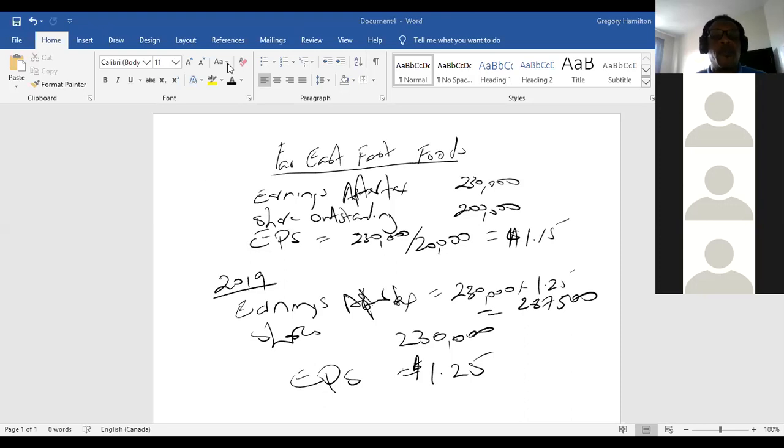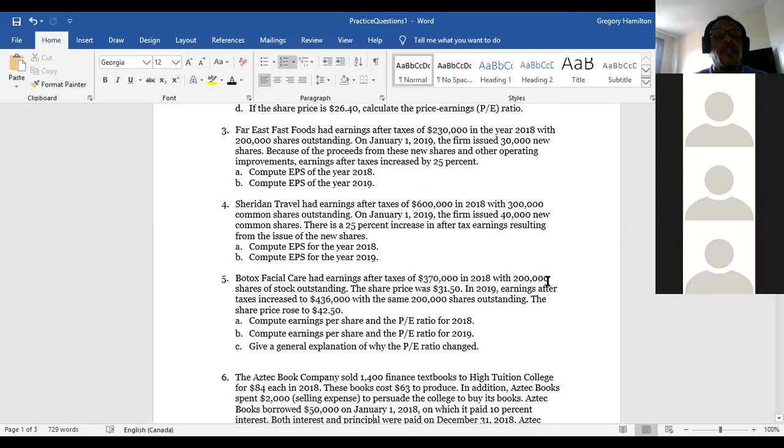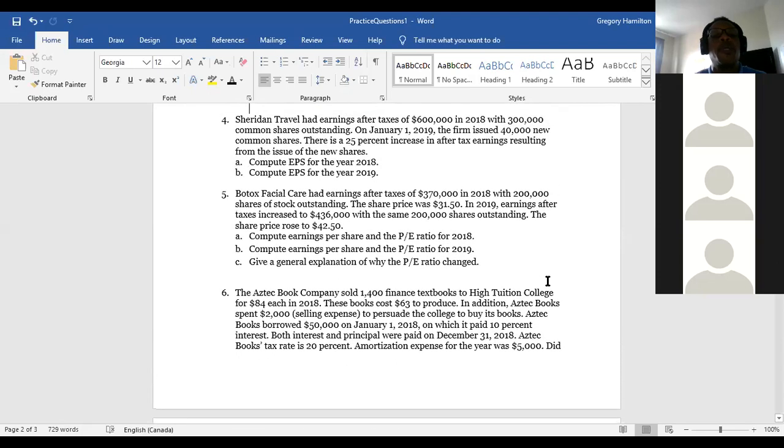Let's move to question 4. In question 4, it says Sheridan Travel had earnings after tax of 600,000 in 2018, with 300,000 shares outstanding on January 1. The firm has 40,000 common shares. There is a 25% increase in after-tax earnings.